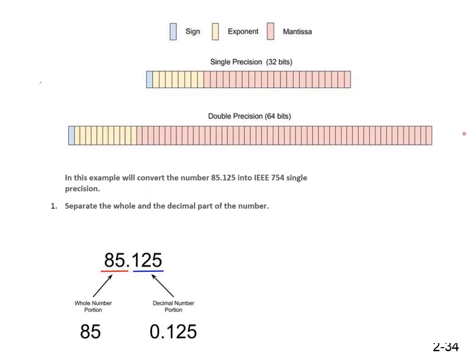Now I'm going to walk you through the process of translating a decimal base 10 number, in this case 85.125, to a single precision IEEE 754 32-bit floating point value. Double precision is 64 bits, but we'll go with the original standard, which was IEEE 754.